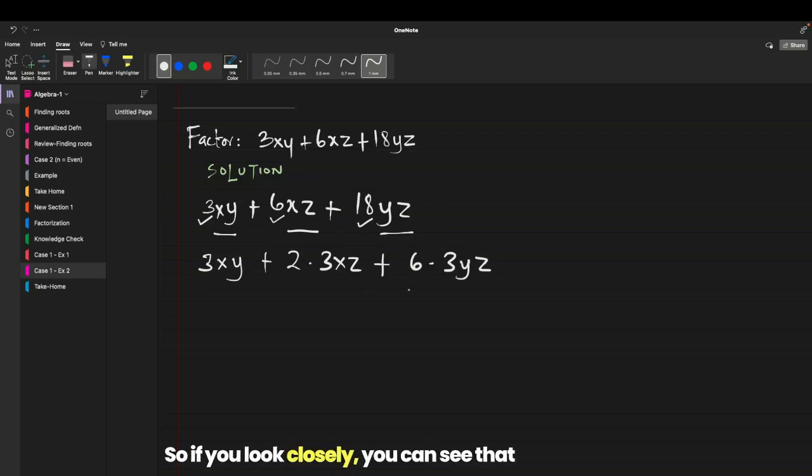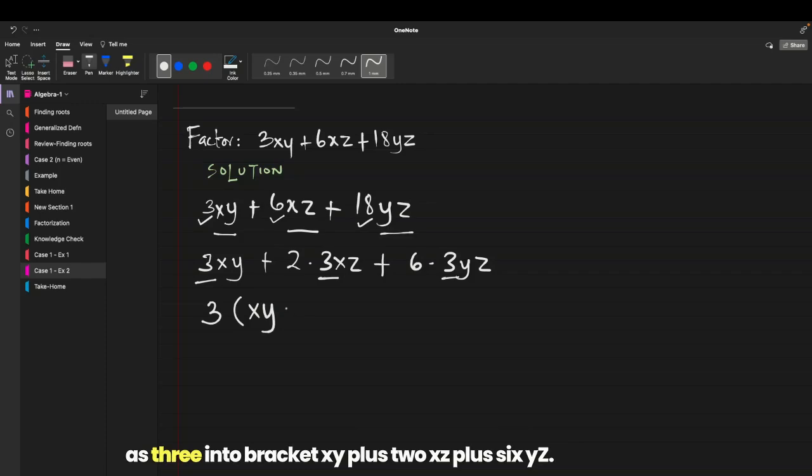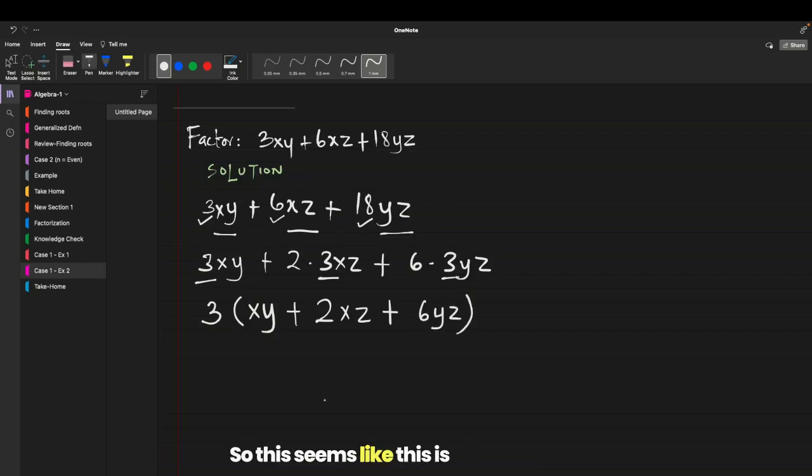So if you look closely, you can see that 3 is common to the three expressions, right? So we can just factor out 3 and we write that expression as 3 into bracket xy plus 2xz plus 6yz. So this seems like this is the furthest you can simplify this.